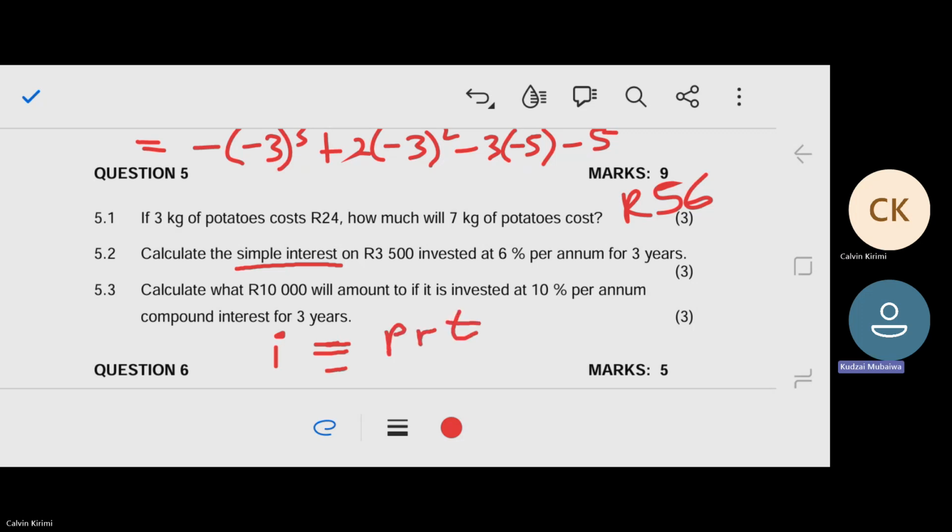Then I substituted: 3,500 multiplied by 0.06 multiplied by 3. What are you getting?